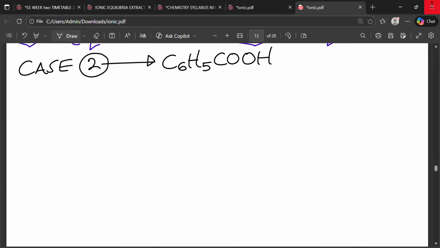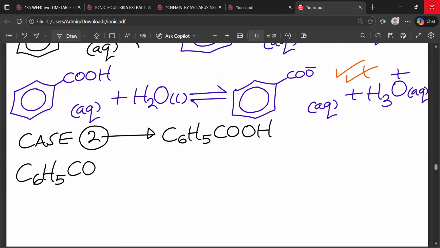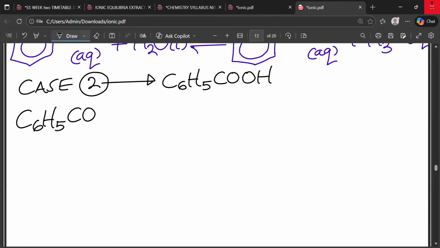Spell. C6H5COOH. Then the partial arrows. Why are they partial, not full arrows? Because it's a weak acid. Very good girl.